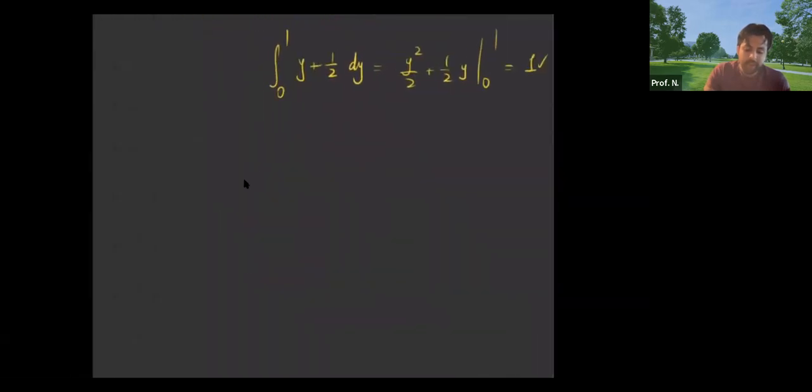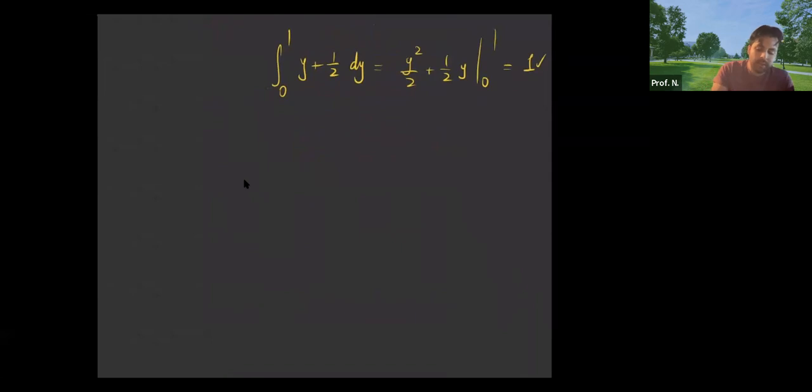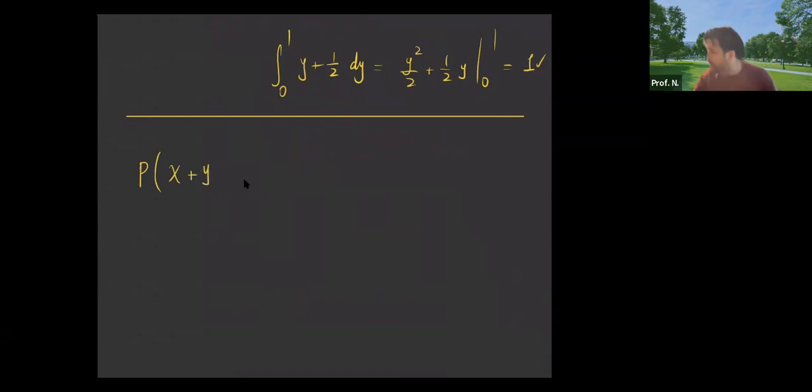Now I'm going to get into the more nitty gritty, because I'm going to ask you a very strange question, or I'm going to try to find what's the probability that x plus y is less than 1.